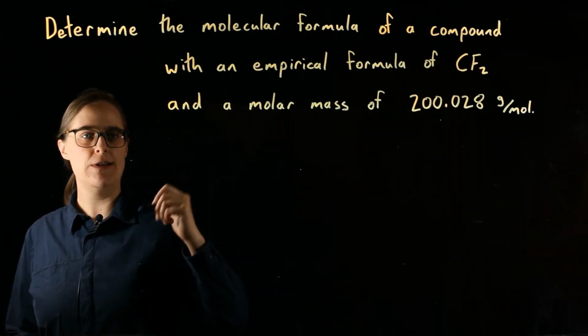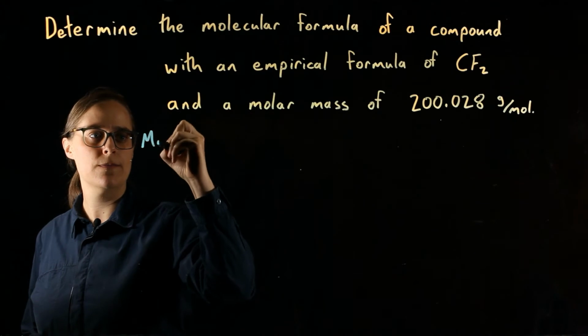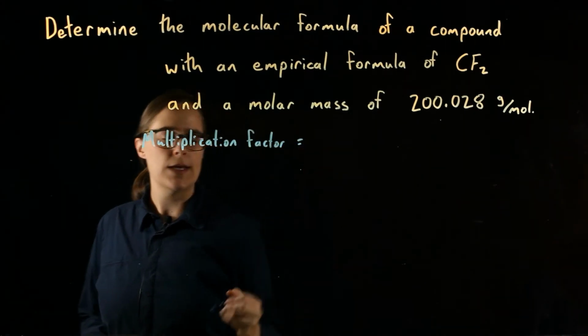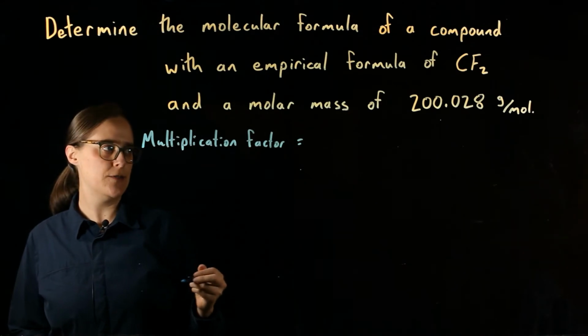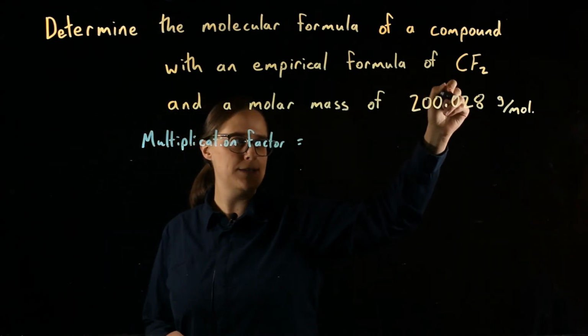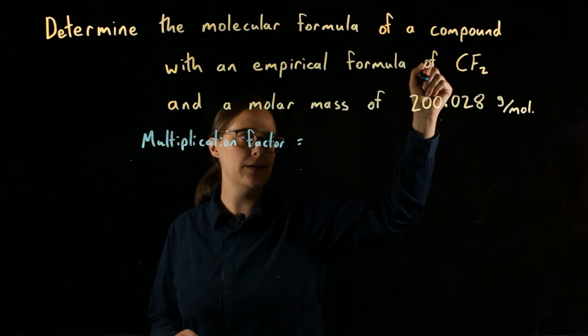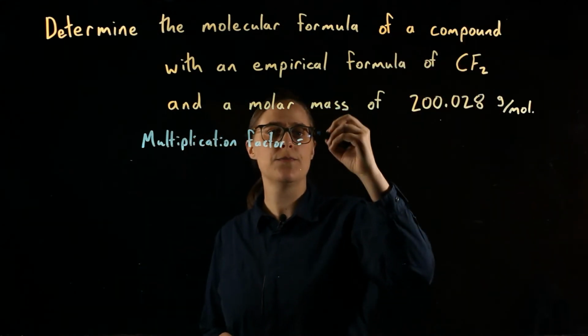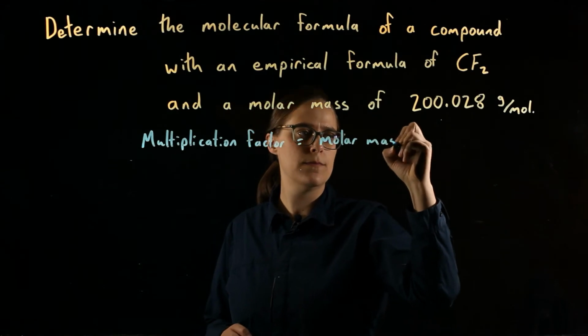So we want to calculate a multiplication factor. This multiplication factor is going to be equal to the molar mass of our molecular formula divided by molar mass of our empirical formula.